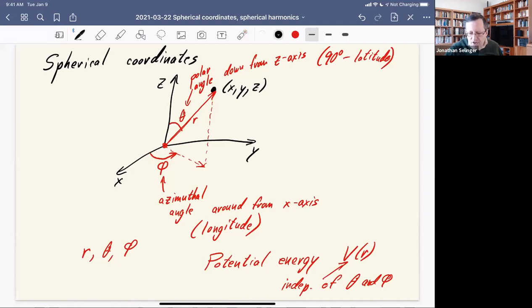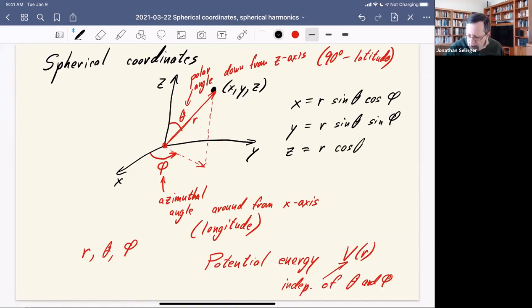Right? So the relation, which you hopefully have seen in a math class, looks like this: x is equal to r sine theta cosine phi, y is r sine theta sine phi, and z is r cosine theta.